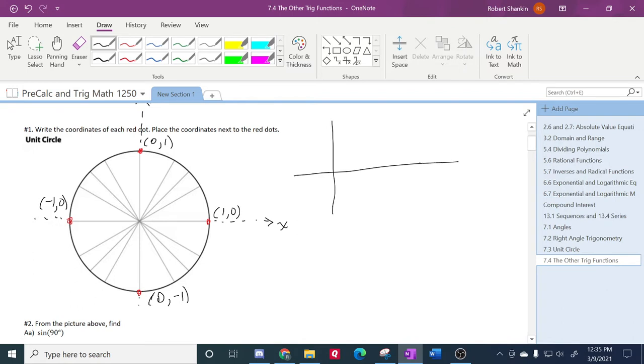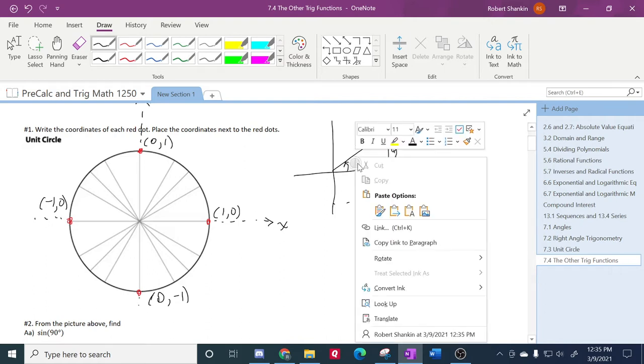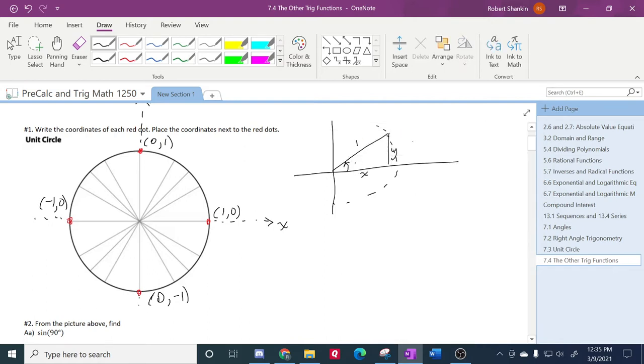If I have an angle on a unit circle, so this is 1. Here's a unit circle going around. This is x, this is y. The cosine of this angle theta, we know from SOHCAHTOA, cosine is adjacent over hypotenuse, x over 1.